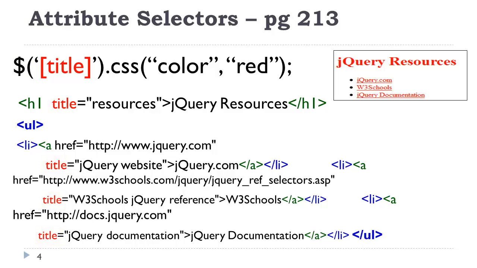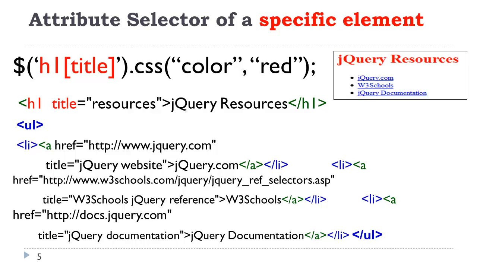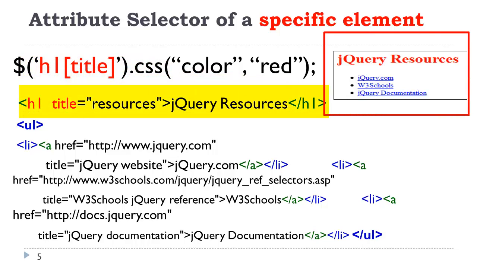Therefore, we can apply a CSS color to them. I use CSS color a lot because it's easy to see the selection. And here the attribute could be tied in to an element. So here this selector attribute would only apply to this certain element.